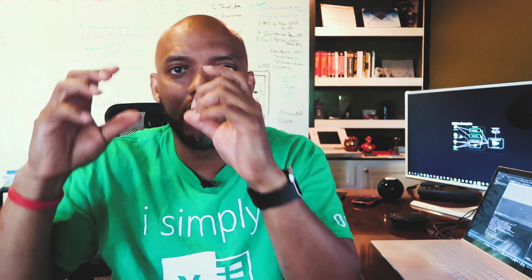Let's everybody say this with me: identify the table that contains the value that you want to pass to the report that you have the URL for, the one that you published. Identify that table, and what we're going to do with that table, in both cases, is add a column. In the case of the semantic model, we're going to add a custom column. In the case of the multidimensional model, we're going to add a named calculation.